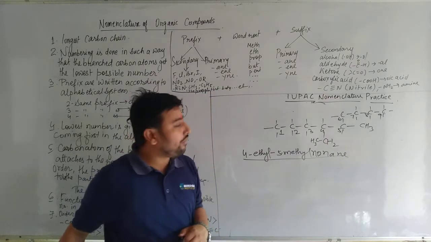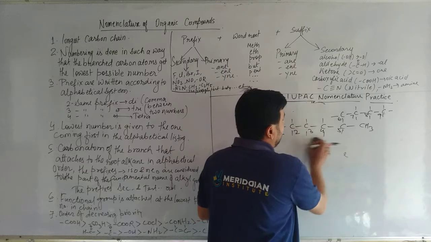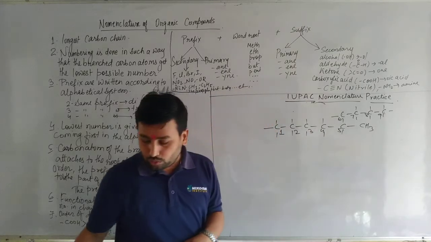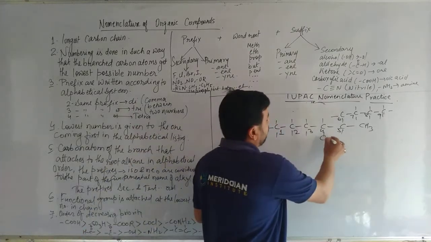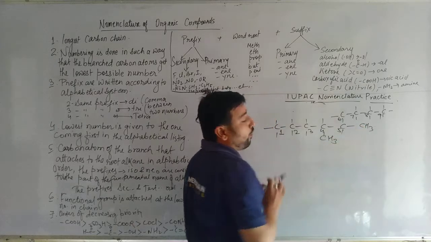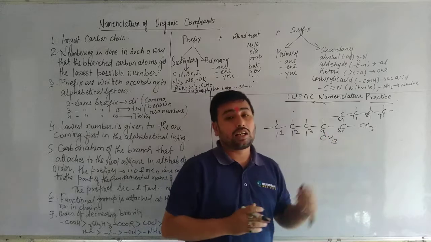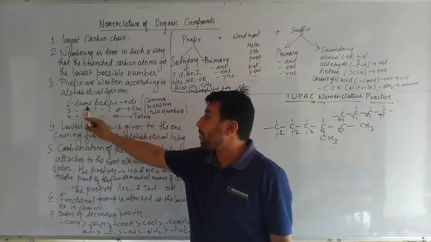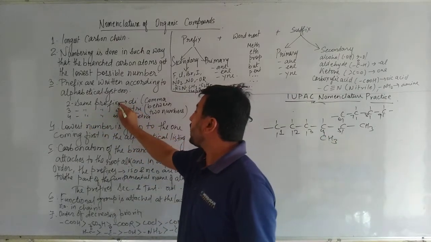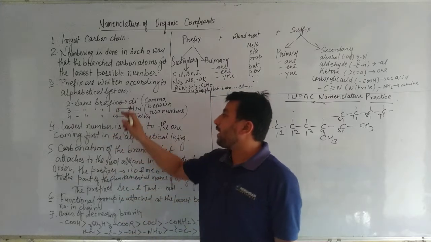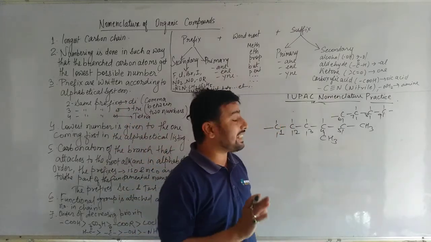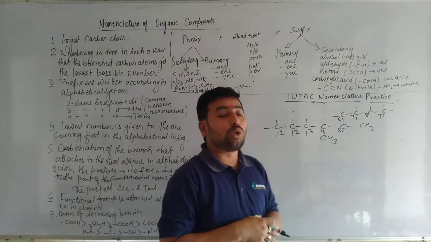And instead of ethyl I remove it here and I put CH3 only on the 4th position. So there are 2 CH3 on the 4th position and also on the 5th position. So if there are 2 same prefixes, then what will happen? Instead of 2 we will write di and we will put both the numbers.